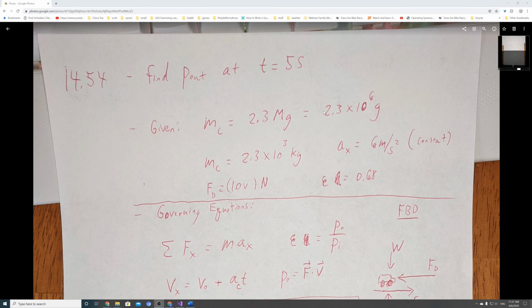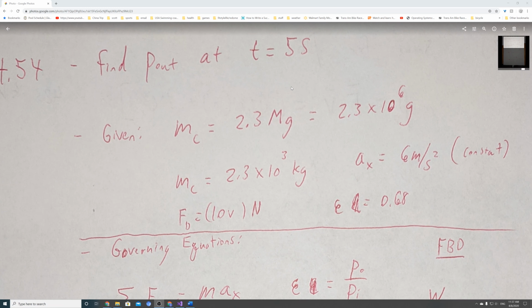To start off, we're looking for power at t equal to 5 seconds. We're given the mass of the car, which we need to convert to kilograms. Then we have our acceleration, a constant 6 meters per second squared.